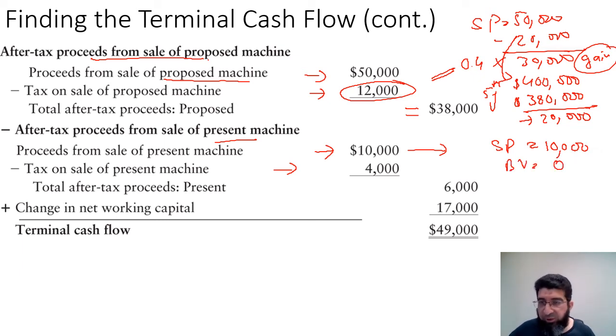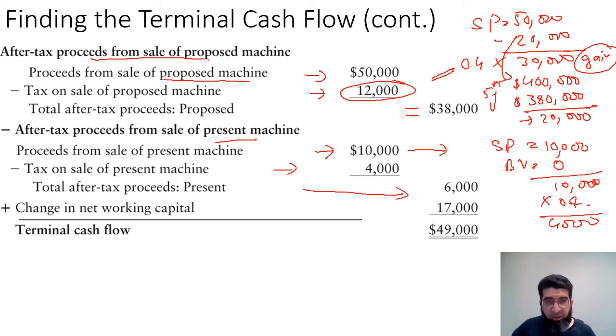We have depreciated the entire cost of the asset. So we have no book value, hence we have only $10,000 left as the amount, and over this we are going to charge the tax, which will give us the $4,000. So the net total after tax proceed of the present machine is $6,000. We already know the change in working capital will be $17,000. So we get the terminal cash flow, which is $49,000.